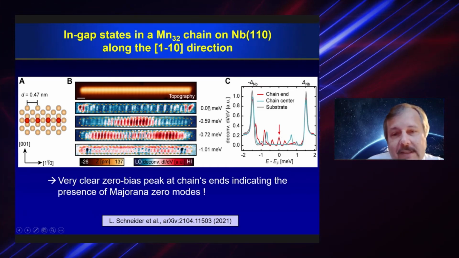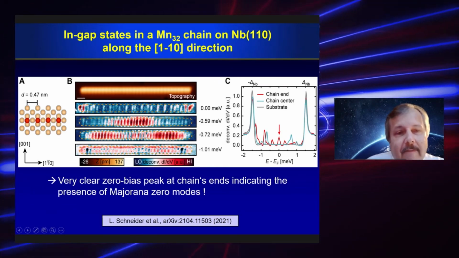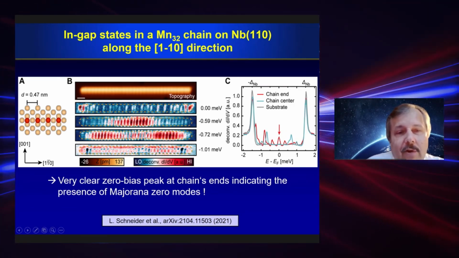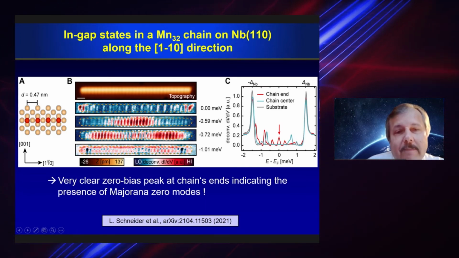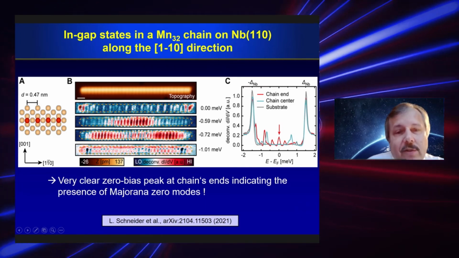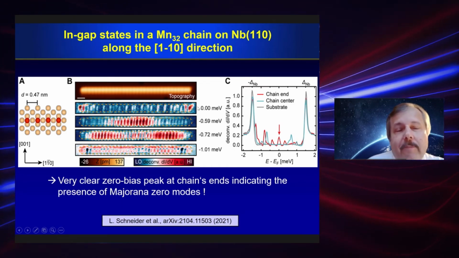If we go to zero energy in the spatially resolved map, we can indeed see that these states are highly localized at the ends of the chain. We also see, of course, some periodic modulation inside the chain, and this is due to still a hybridization of the Majorana modes from both ends.